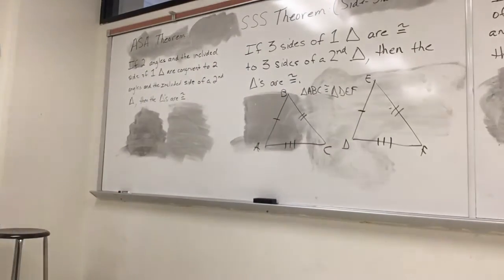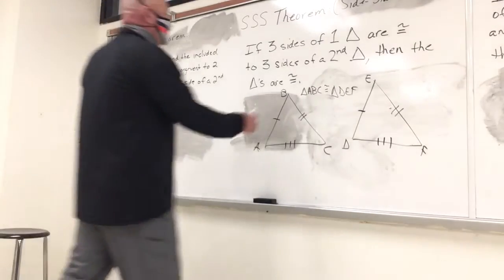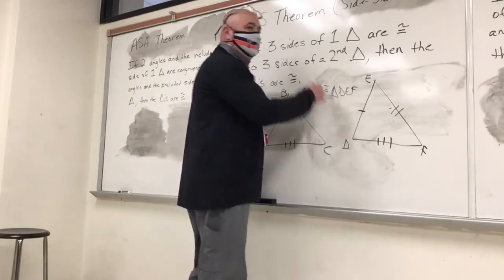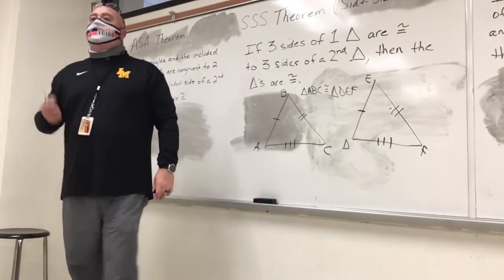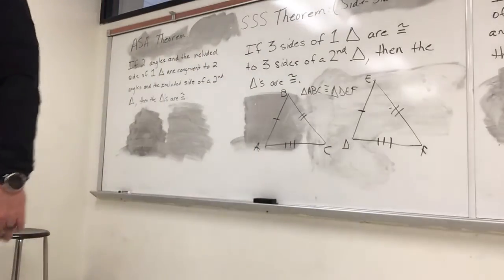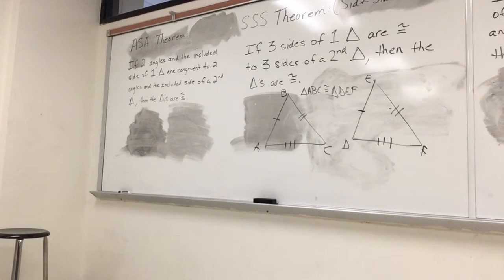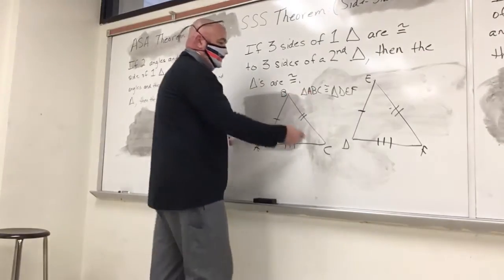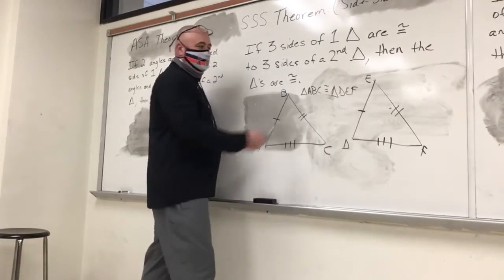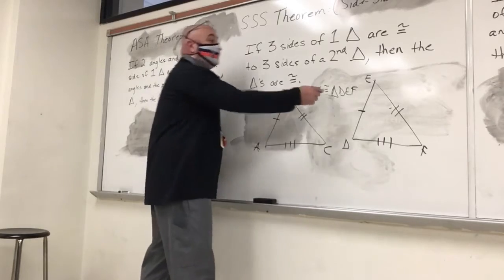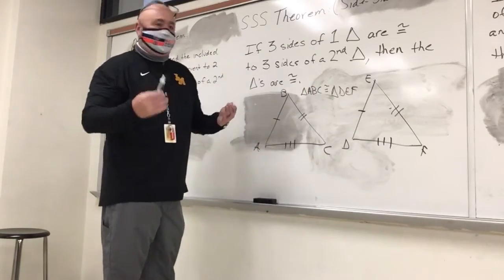And it does make a difference how you write it. You cannot say triangle ABC is congruent to triangle FED. Because of what we already talked about last week. Y'all remember CPCTC? Corresponding parts of congruent triangles? Everything has to match, correct? So AB has to match DE, and if I say FED, it doesn't match up.